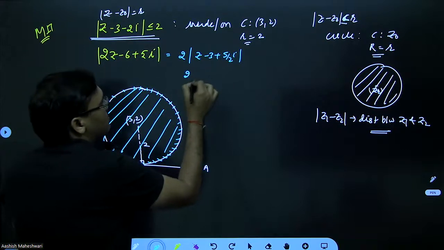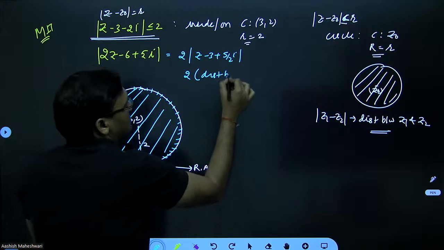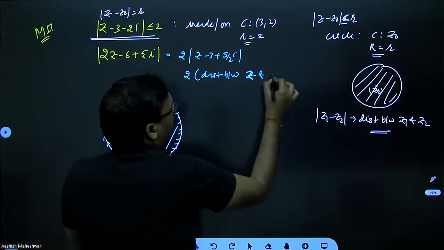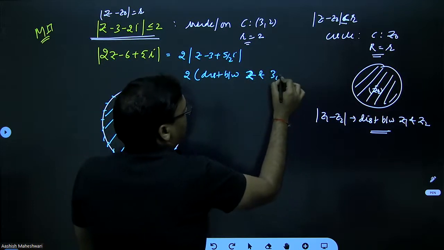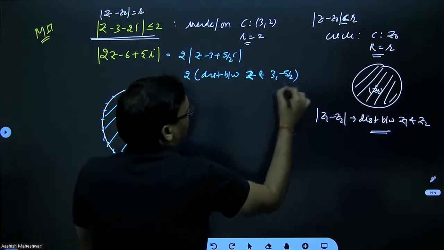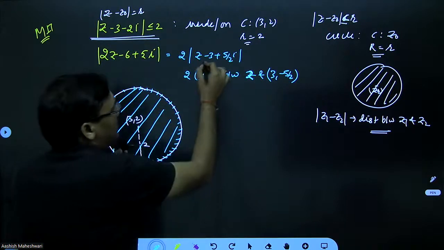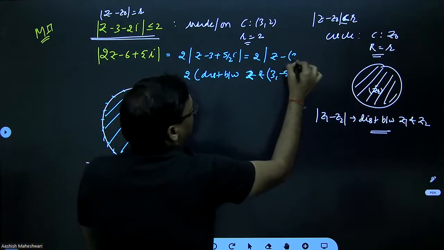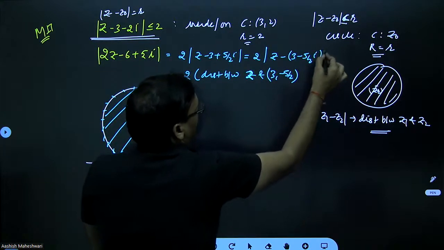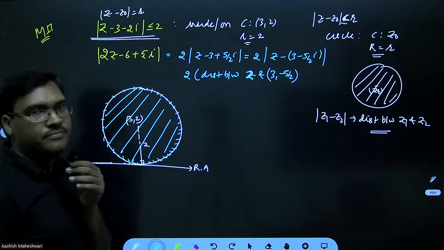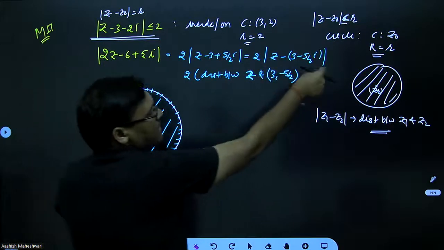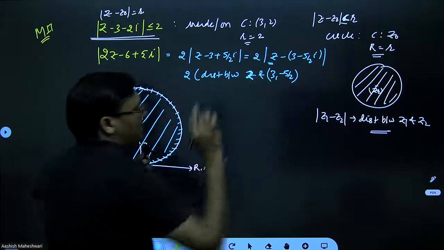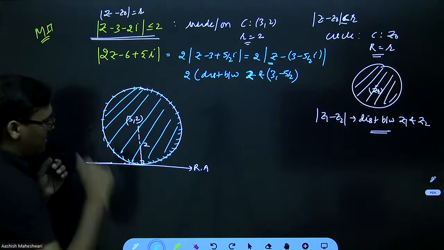Can we say this is 2 times the distance between the point Z and 3 comma minus 5 by 2? देखो Z, I can write this is 2 times modulus of Z minus 3 minus 5 by 2 iota. I hope this is clear. That means this is the distance between the complex number Z and 3 minus 5 by 2 iota. That will be a point.